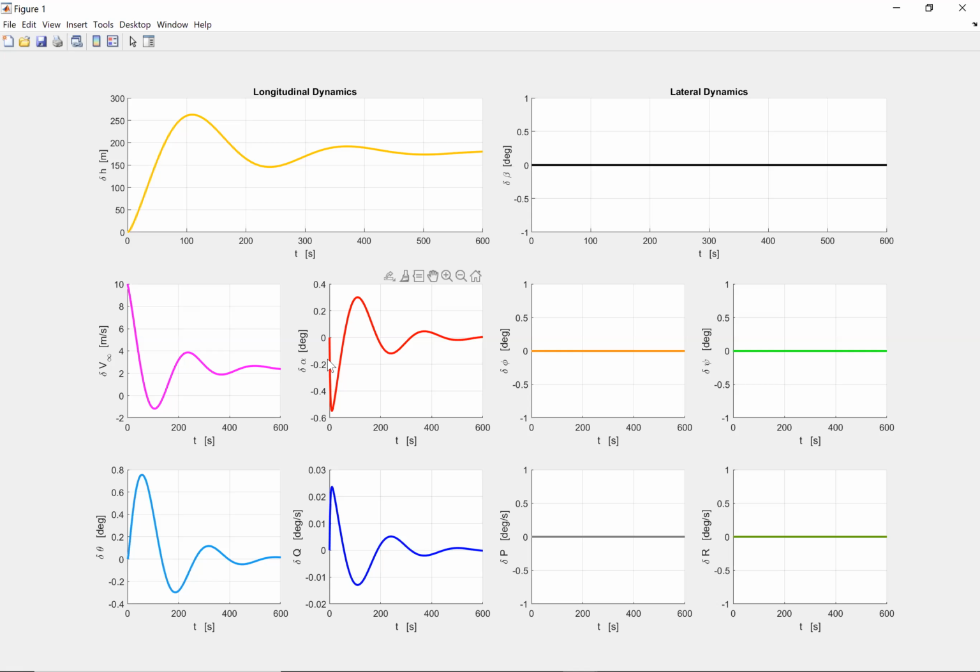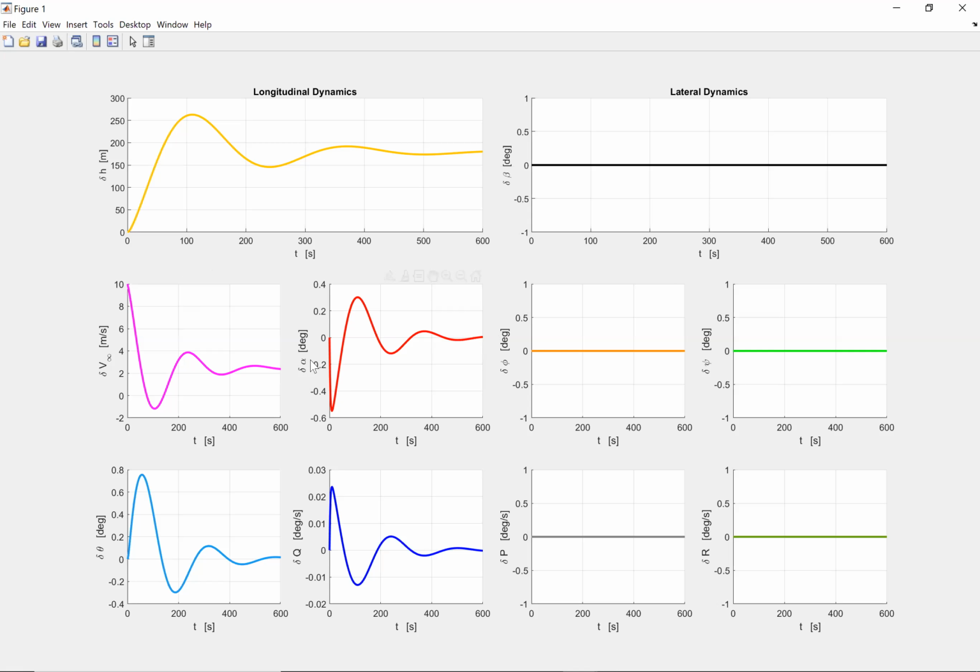The angle of attack starts by decreasing, then increases, oscillates, but it's damped, and I believe it will eventually go to 0. This is again delta alpha, so it will go to the trimmed value of the angle of attack. Remember, here we are visualizing the difference between the actual state and the trimmed state.